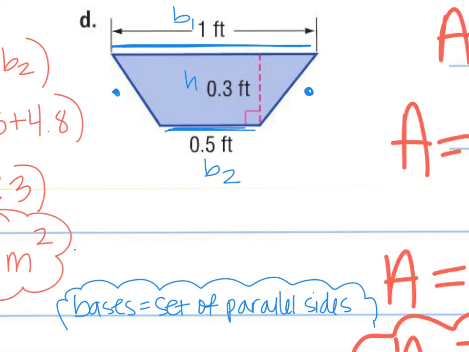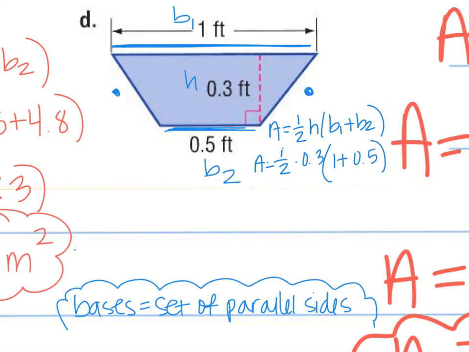All right, so we have area equals 1/2 times the height, base 1 plus base 2. So let's plug this in. 1/2 times 0.3, and then we have base 1 is 1 plus 0.5. So let's rewrite it. 1/2 times 0.3 times 1.5.